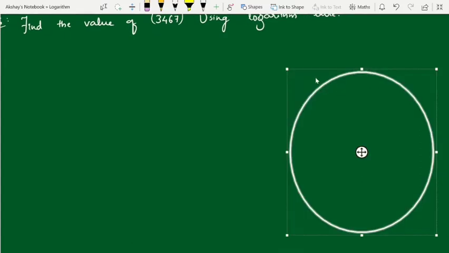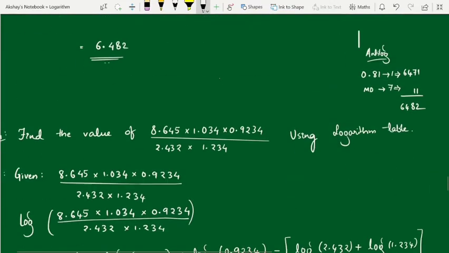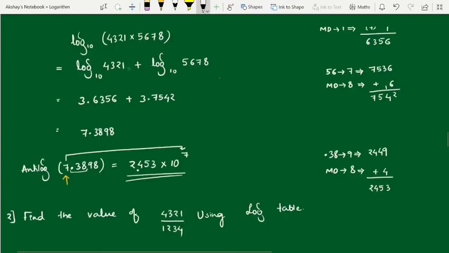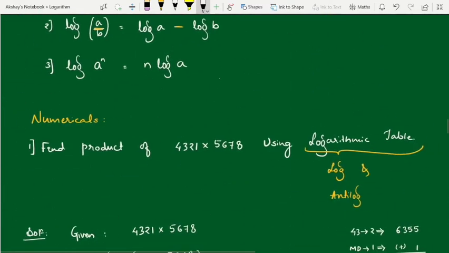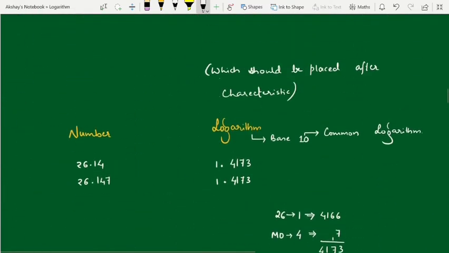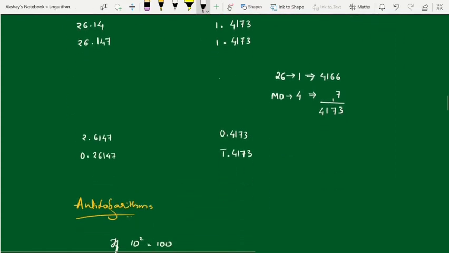Listen, to calculate natural logarithm, imagine we consider one number which we had considered earlier, before the problems, in logarithm and anti-logarithm.